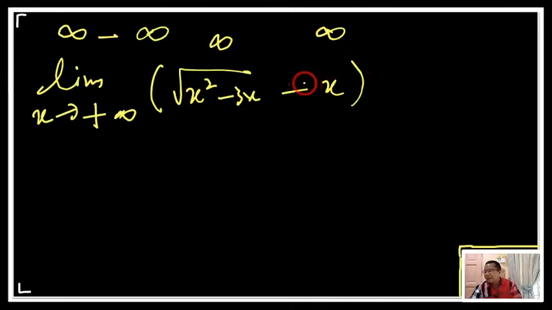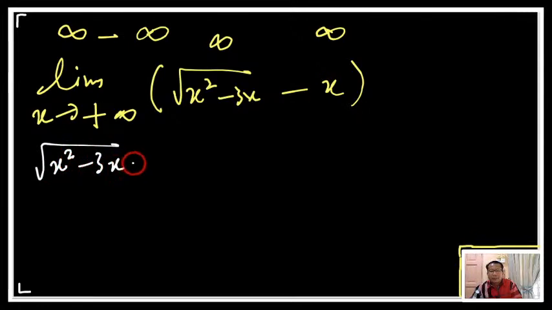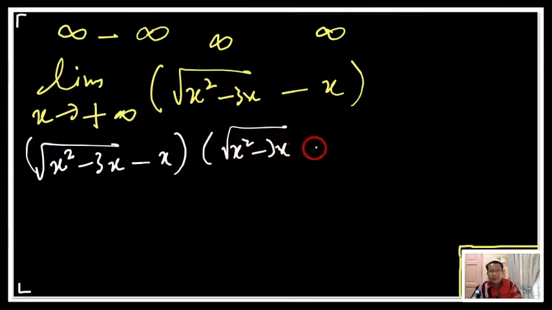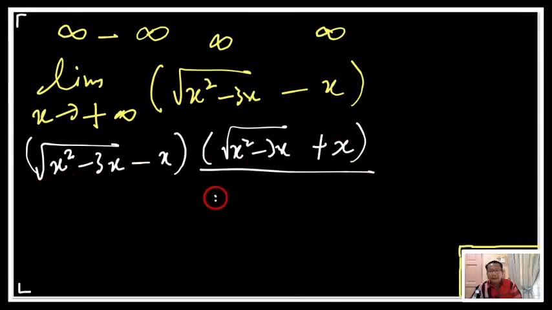So what we need to do is multiply with the conjugate again. If you have a radical and one non-radical, most of the time we multiply with the conjugate to normalize. So this one you multiply with square root of (x squared minus 3x) plus x, and you divide again by the same thing.